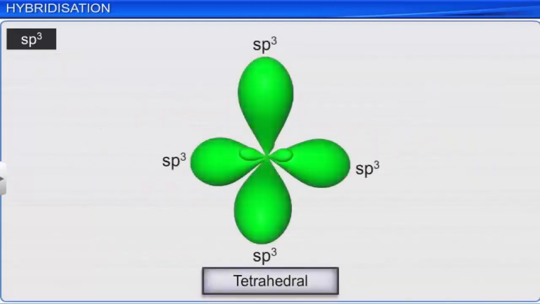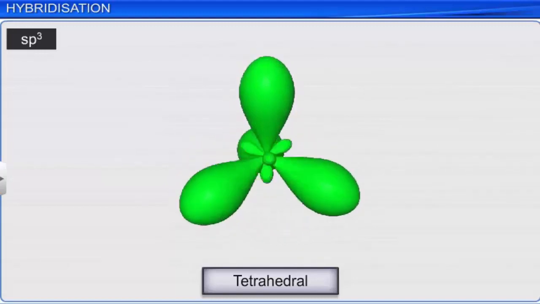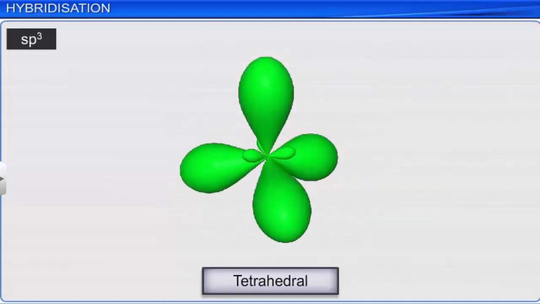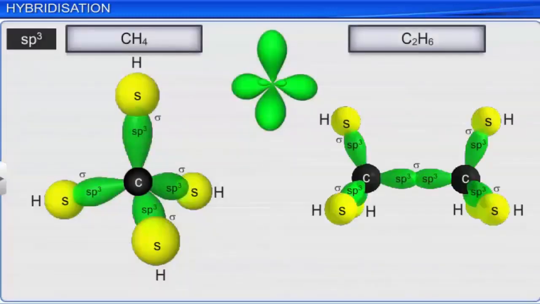They have a tetrahedral arrangement, and the angle between two orbitals is 109.5 degrees. Some compounds whose central atom displays sp3 hybridization are CH4 and C2H6.